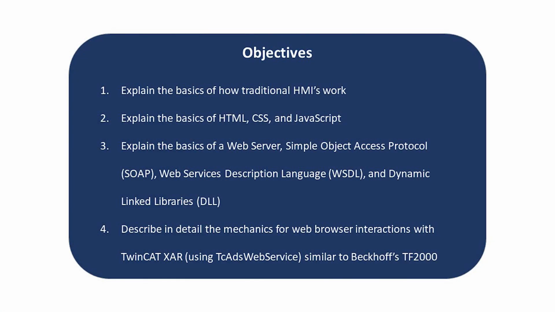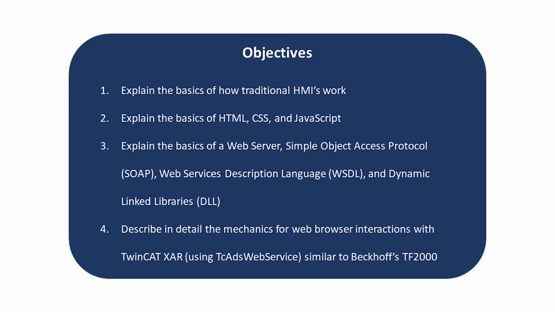So the objectives for this video are pretty much to explain how traditional HMIs work, and then we're going to go over the basics of HTML, CSS, and JavaScript, and then we're going to look at the major parts that go into serving a web application, which is a web server. We're going to look at Simple Object Access Protocol, SOAP, which is the messages that TwinCAT is going to use between their runtime and the browser.